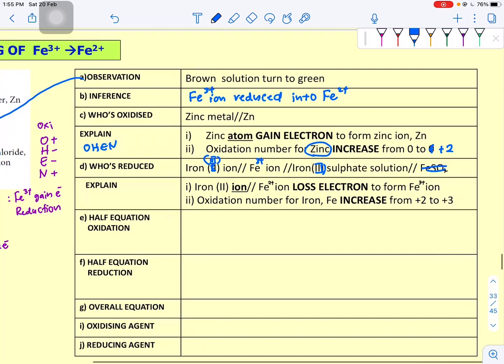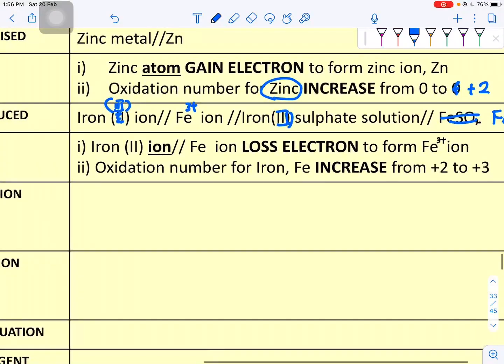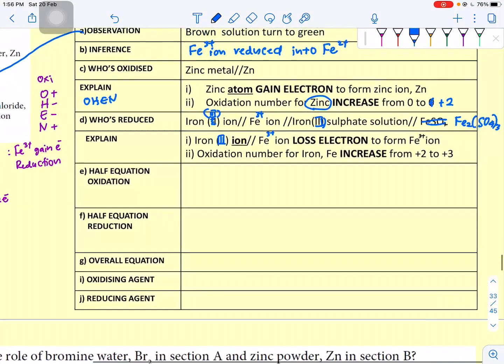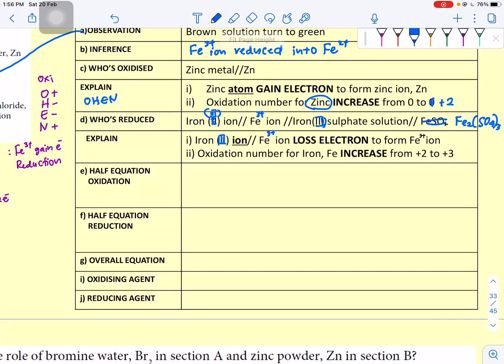sulfate. The formula is Fe2 bracket SO4 bracket 3. Iron 3 sulfate. Okay, explain because iron 3. Because iron 3 ion Fe3 plus. Okay. Is not lost.